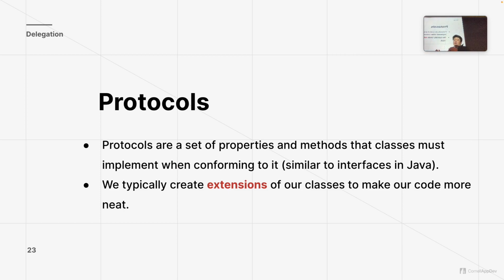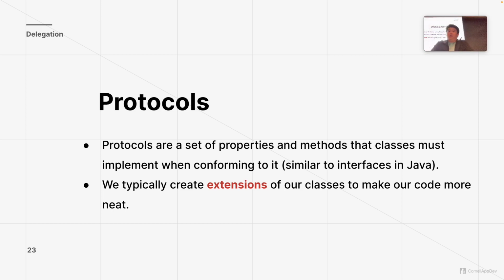So to go into a little bit more about protocols, these are a set of properties and methods that a class must implement. If you've taken 2110, you can think of it as like an interface in Java. Essentially, if a class implements a protocol, that class has to implement all functions and properties that are specified in that protocol.